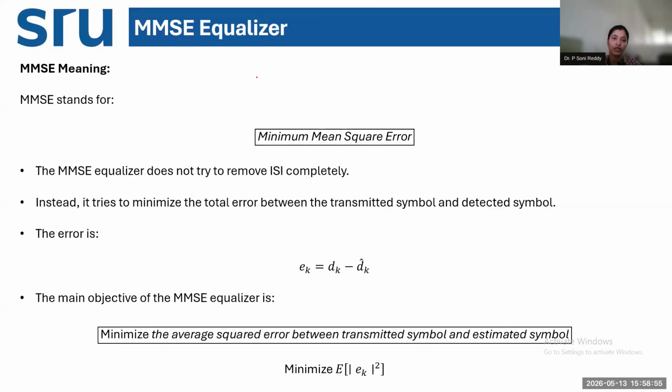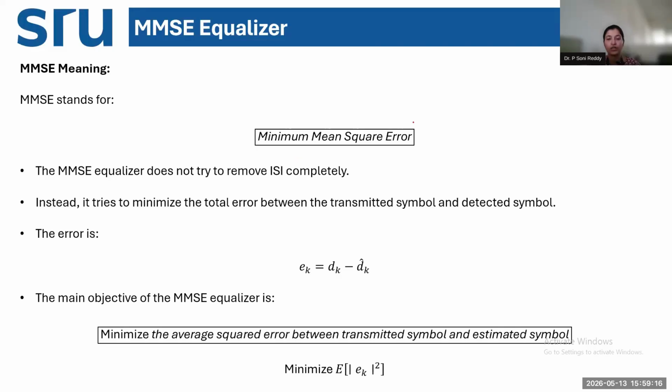Okay. Next one is your MMSE equalizer, which is another category of linear equalizer, which is part of your syllabus, and which overcomes the limitation of your zero forcing equalizer. What is the full form of MMSE equalizer? It is nothing but the minimum mean square error equalizer.